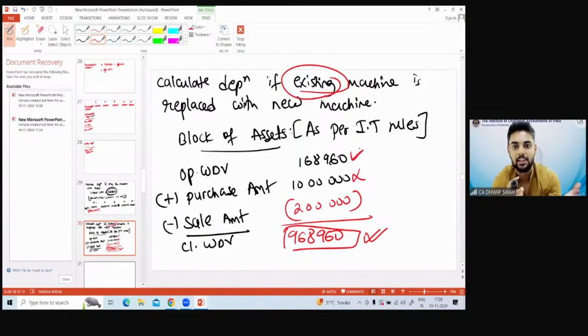Now I am buying the new machine and replacing the old machine. So my purchase price is 10 lakh and I am selling out the old machine at 2 lakh. So my block of assets WDV for depreciation purpose would be 968,960. Is everyone following this? This was a very important part. Is this concept clear to you? Block of assets.